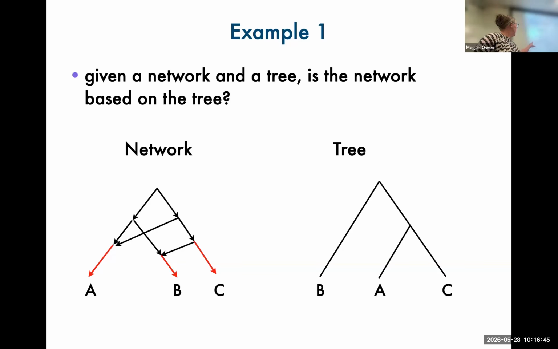I need A and C to join up, and the only way they can join up is here. Then C has to go up to the top; there's only the one path for it to go up. And then B has to join in, but B has to join into the top, and I can do it. So it seems like this might be plausible to get a polynomial time algorithm.